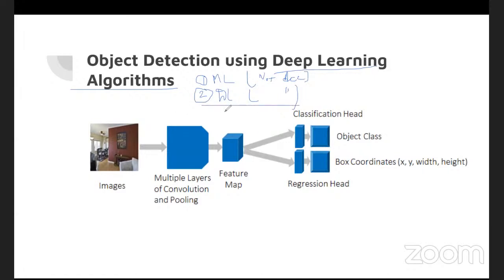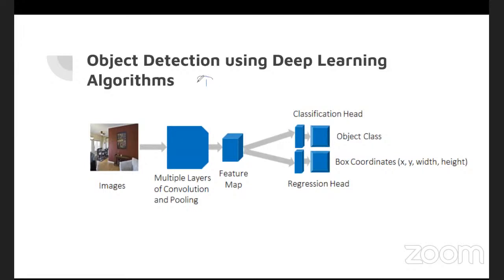Deep learning algorithms are pretty accurate and are able to replicate real-world scenarios and work pretty well in them, while machine learning algorithms are not that effective in detecting real-world objects. So most of the time, in today's scenario, deep learning algorithms are being used for object detection tasks.